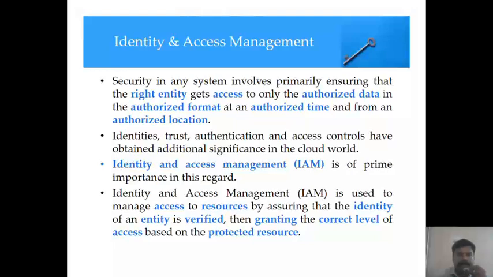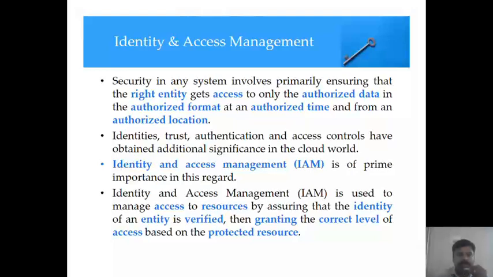Identity and access management. The security in any system involves primarily ensuring that the right entity gets access to only the authorized data in an authorized format at an authorized time and from an authorized location. For example, in an industry, there will be n number of cadres of people working at various levels.